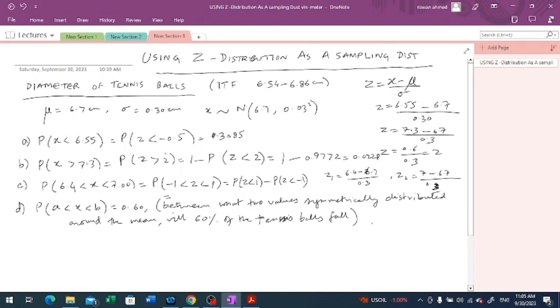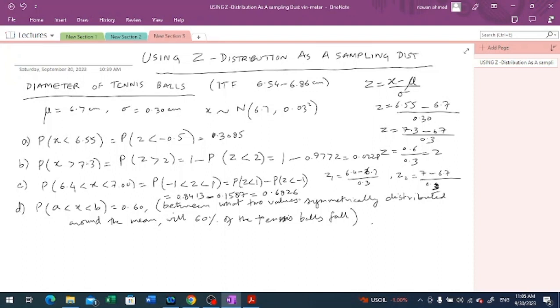So 0.8413 take away 0.1587 would give us 0.6826. So there is a 68.26% chance for a randomly selected tennis ball to have a diameter between 6.4 and 7 centimeters. This is what it means.